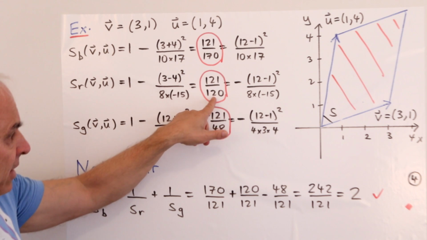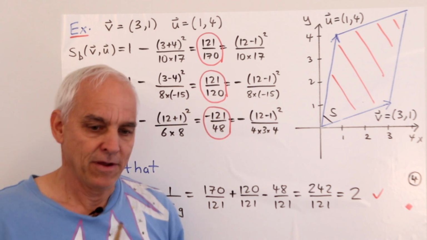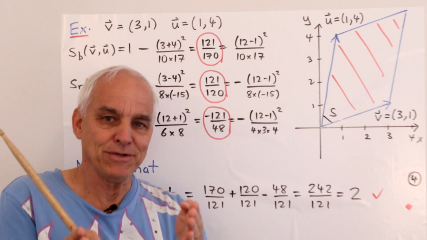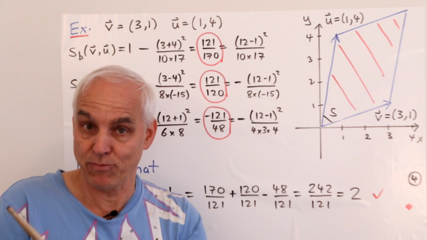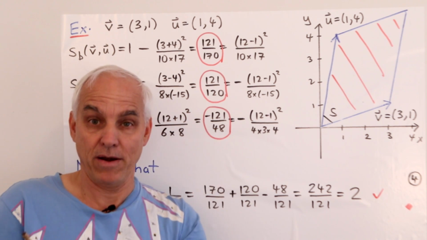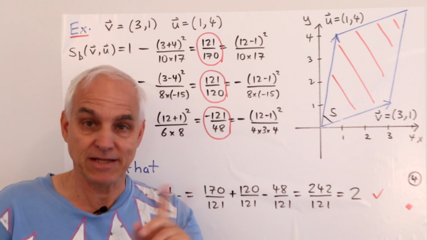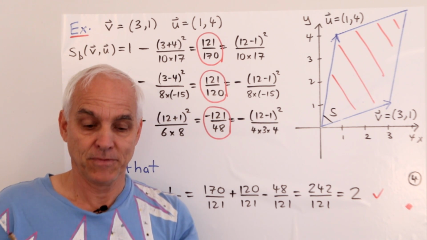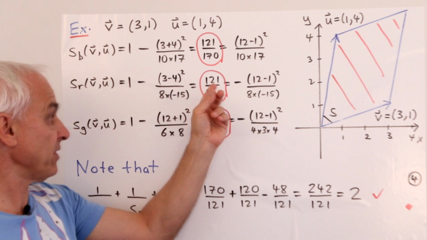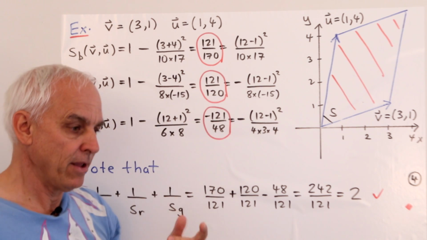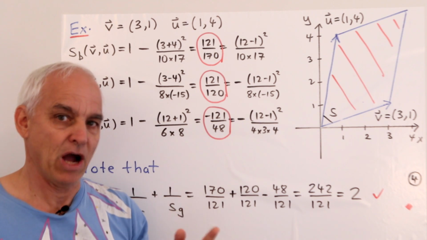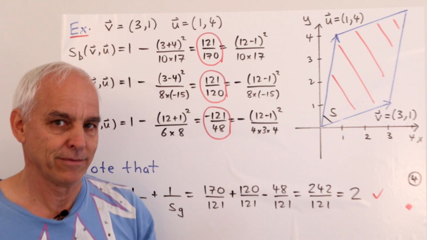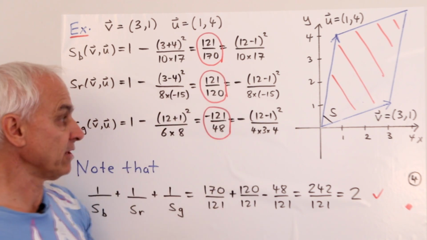And notice that this spread is outside the usual range for a Euclidean familiar spread. This is a number bigger than 1. It's a phenomenon that we do not see in Euclidean geometry. So if someone came along and said, I have a spread of 121 over 120, we'd know that either they've made a mistake or they're dealing with a different geometry from the Euclidean one. In fact, this is the red relativistic geometry.